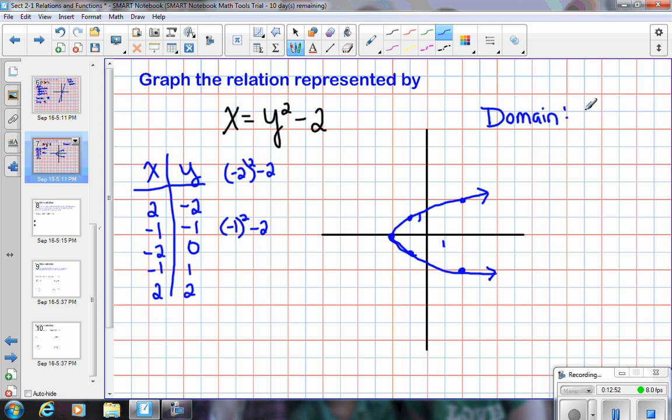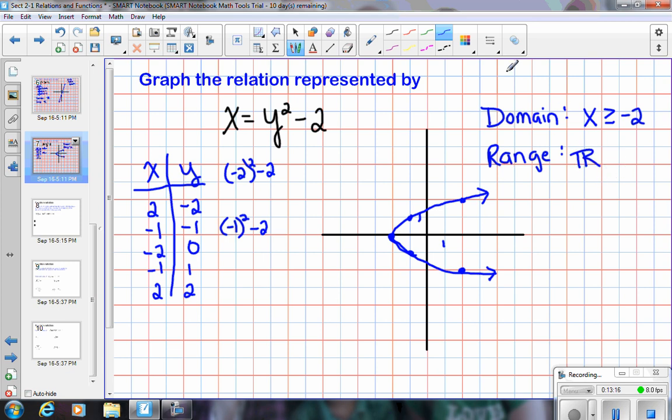So our domain, x is greater than or equal to -2. Our range, take a look at the arrows. Notice how this continues to go up, and this arrow will continue to go down. So when we're looking in the vertical direction, we see that it's going to cover everything. So our range is all real numbers.